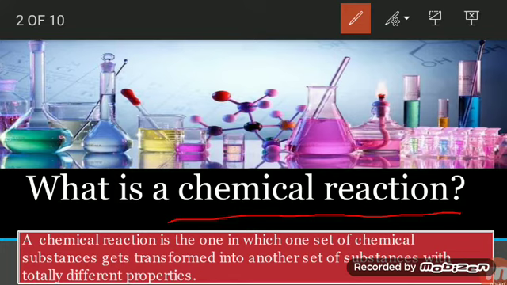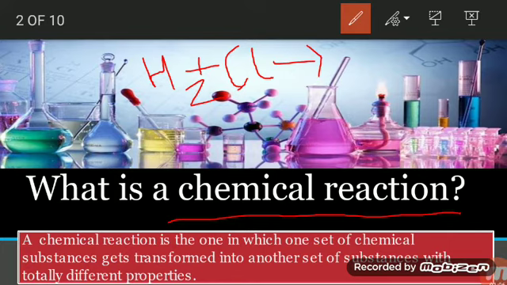For example, hydrogen H2 plus chlorine becomes hydrogen chloride, HCl.